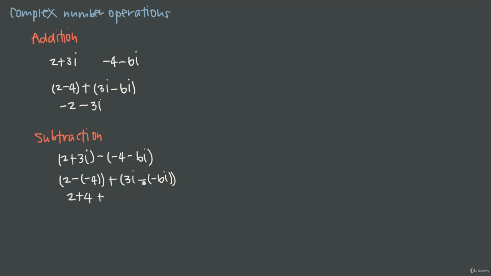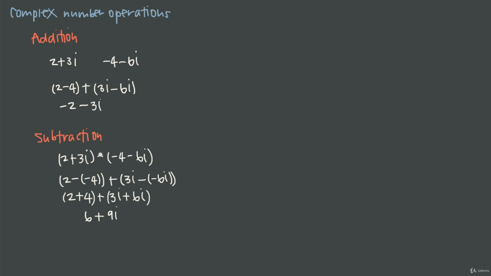And then 3i minus a negative 6i is 3i plus 6i. And we could really keep parentheses around these. 2 plus 4 is 6. And then 3i plus 6i is 9i. So the difference of these two, 2 plus 3i minus negative 4 minus 6i, is 6 plus 9i.